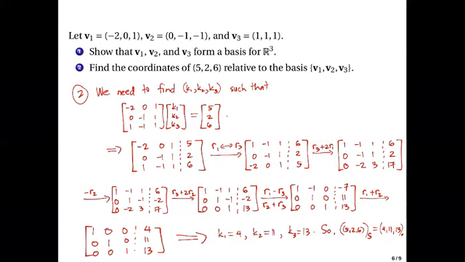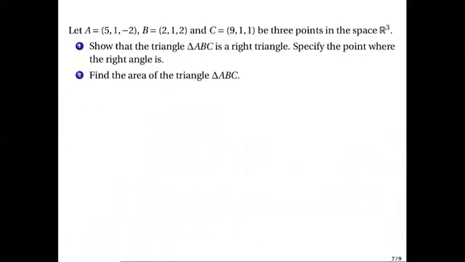Okay. Next problem here. Let A be the point 5, 1, negative 2, B be the point 2, 1, positive 2, and C be the point 9, 1, 1.